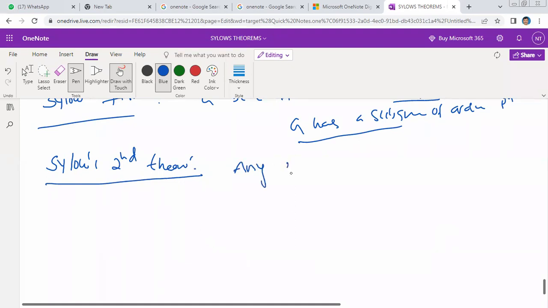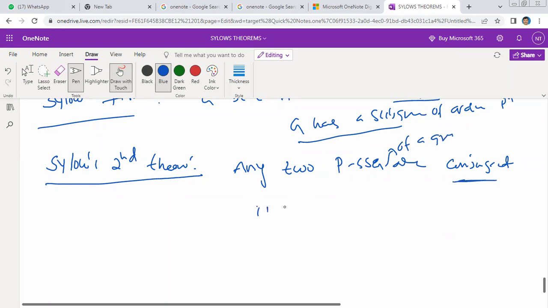Yes, ma'am. Any two Sylow P subgroups of a group G are conjugate.